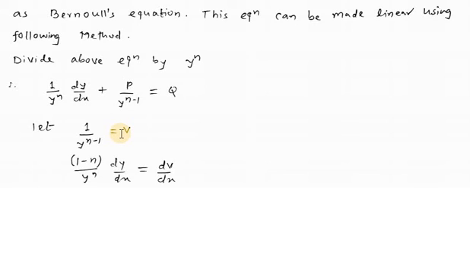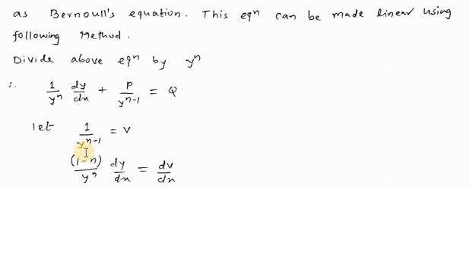Now applying the formula of derivative of y raised to n, that is n into y raised to n minus 1, it will become (1 minus n) into y raised to 1 minus n minus 1. So the plus 1 and minus 1 will cancel out, so it will become y raised to minus n. So writing it as (1 minus n) over y raised to n.